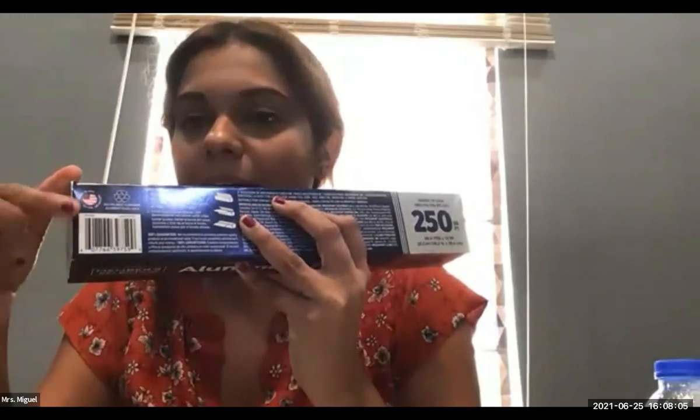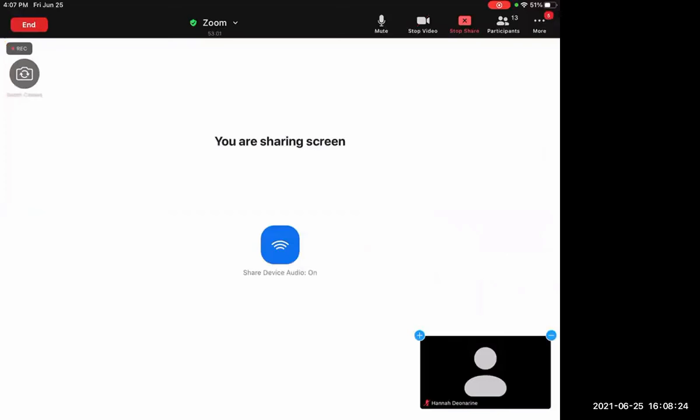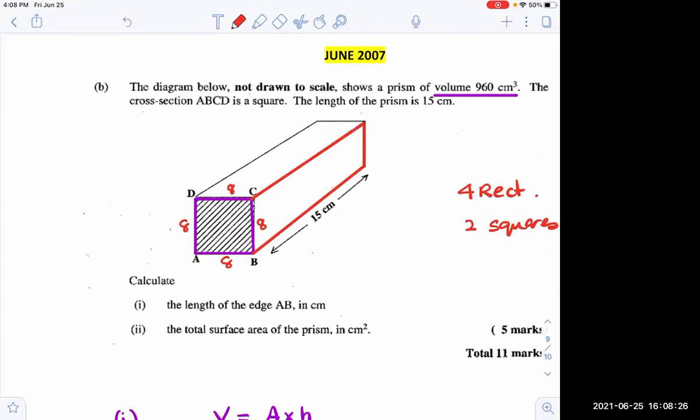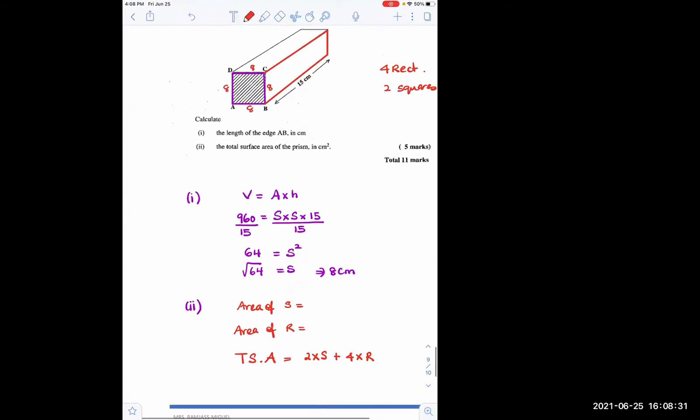For this side, here is 15, and this part is 8 because it is a square. This and this are the same. You all see that? Yes. All right. Can you all see the screen? Yes, miss. All right. Go ahead and work it out.